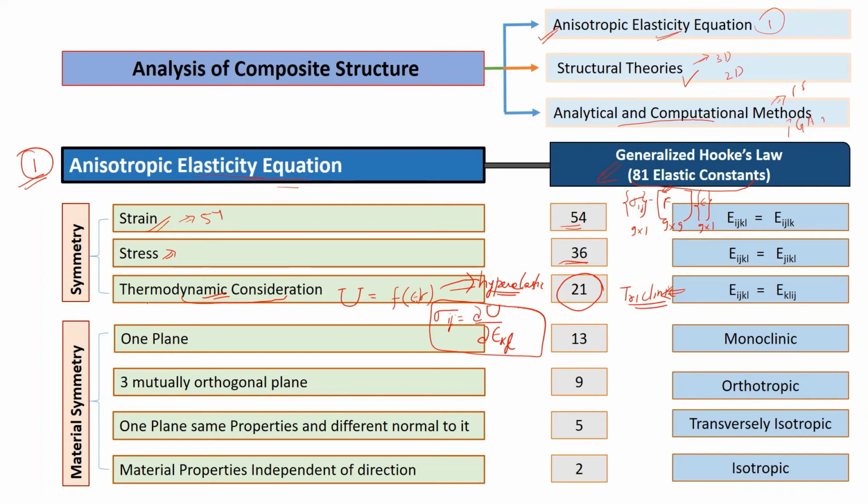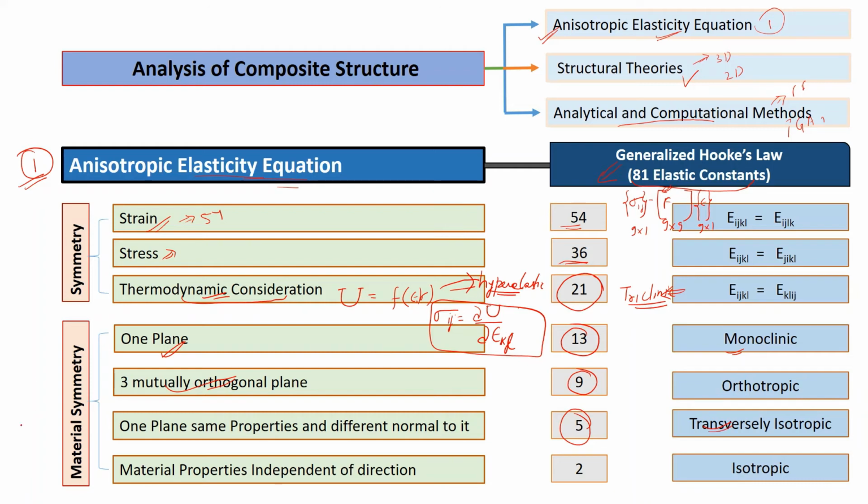Now, after that, the material symmetry plays a role. If the material has one plane of symmetry, then it further reduces to 13 elastic constants, which is called monoclinic. Further, if the material is symmetric about three mutually orthogonal planes, then it reduces to 9 elastic constants. Then if one plane has the same properties and the normal to it has different properties, it has 5 elastic constants, and this is called a transversely isotropic material.